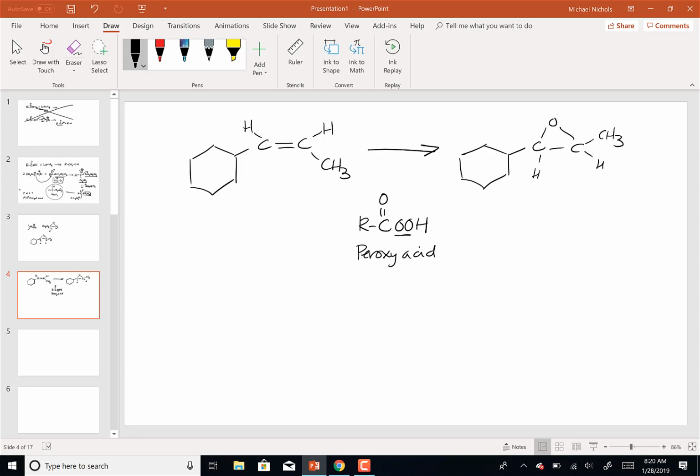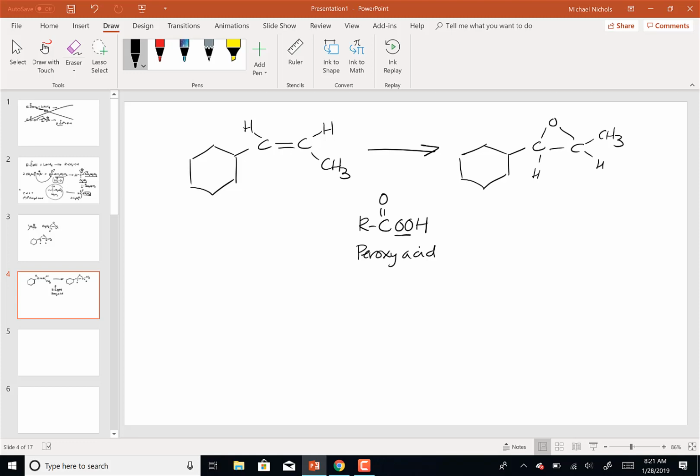Whatever the stereochemistry was in the alkene, it is over here, which I think I've kind of reversed for some reason. So the stereochemistry of the reactant is the same as the stereochemistry of the product. So if it was cis, it's a cis epoxide. If it's trans, it's a trans epoxide.